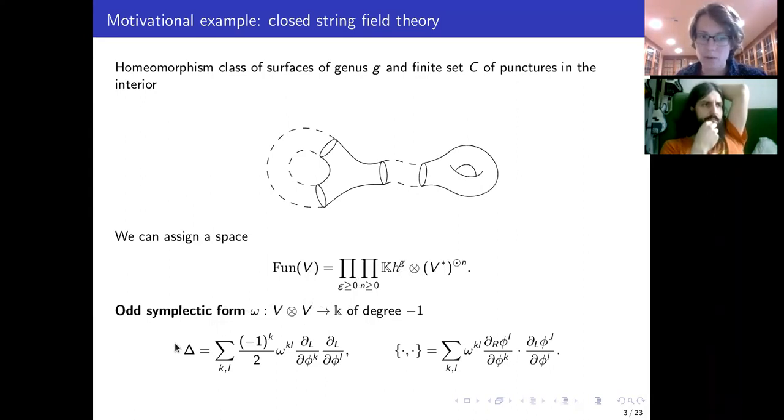So you can form a second order operator, which we will call the BV Laplacian, and some bracket, and they correspond to what is on the geometrical picture. The self-gluing is given by the Laplacian, and the gluing of two surfaces is given by the bracket.